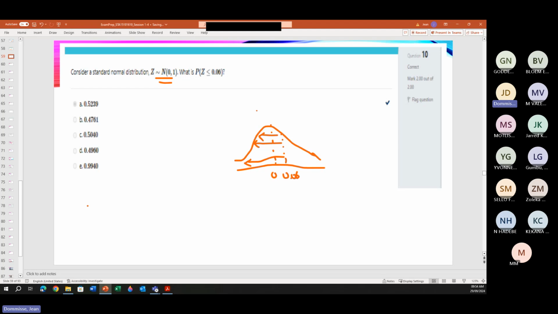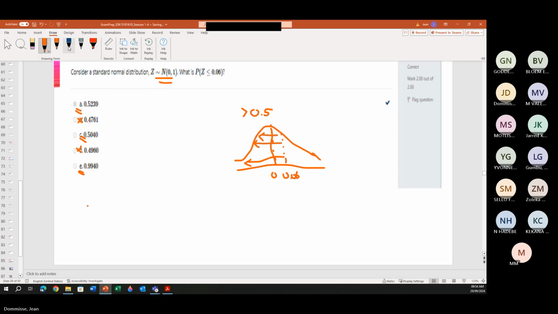So it is a bit bigger than 0,5. So we can see there's the 0,5 mark. It's a bit bigger than 0,5. So that can be an option. That can't be an option. That can be an option. Can't. Can.